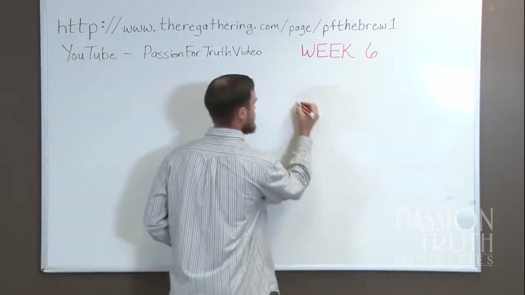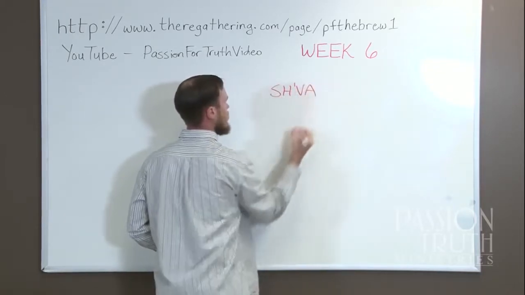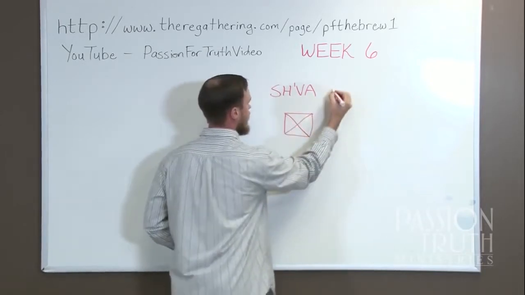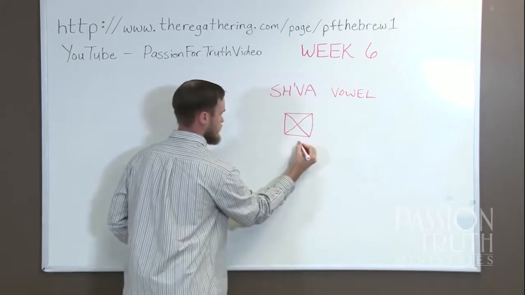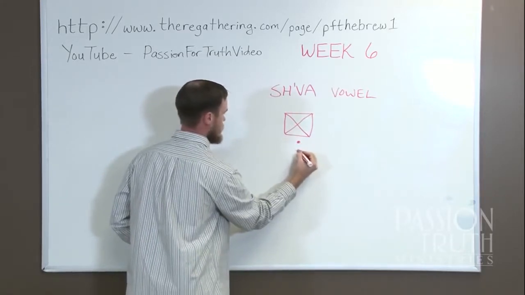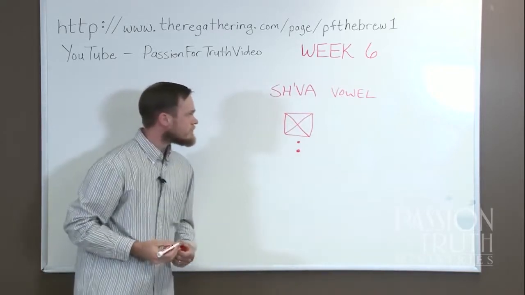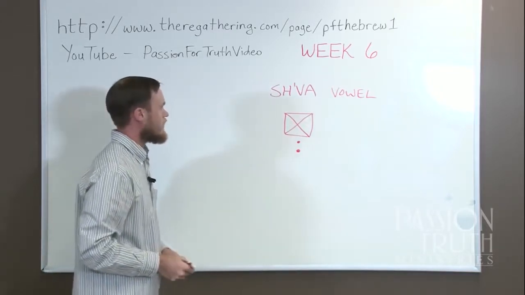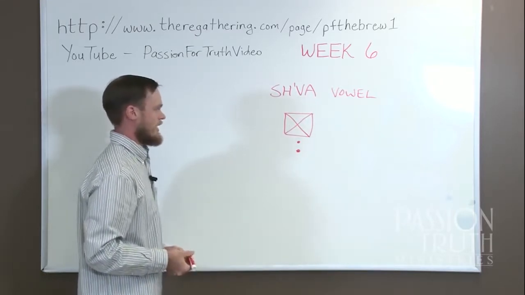The shva vowel appears below a letter, and it's 2 dots, sort of stacked vertically like that. And the shva vowel, it can make 2 different sounds.